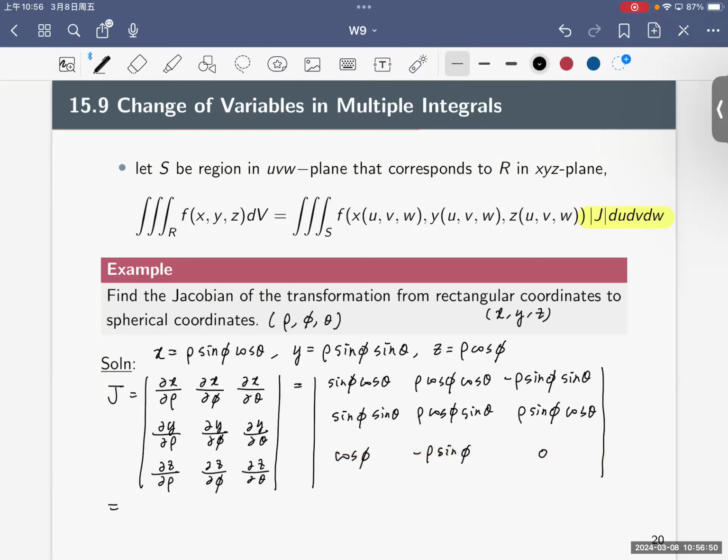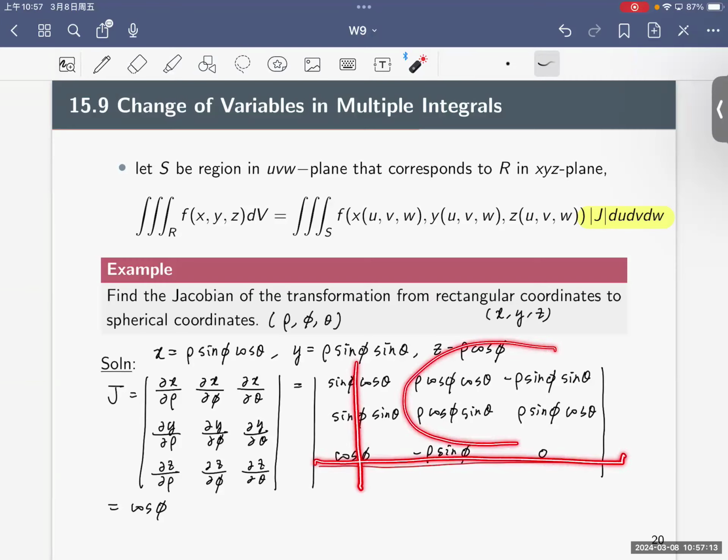If I expand with respect to the last row, I take cosine phi, the first element from the last row, and delete the row and column containing cosine phi.